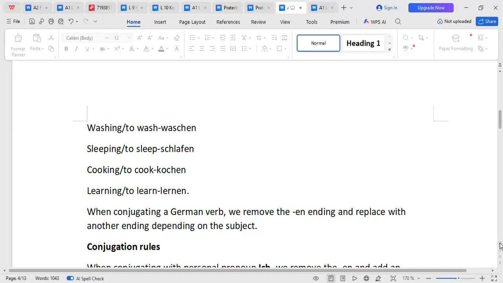So the most important thing is to know the German verbs. We have learning in English, which is lernen in German. Cooking is kochen. Sleeping is schlafen. Washing is waschen, etc. So it is important to know the German verbs.